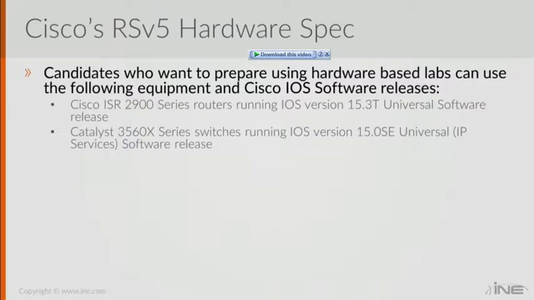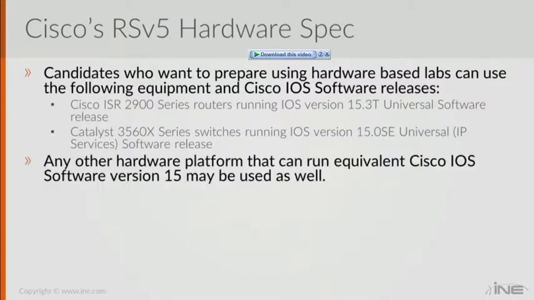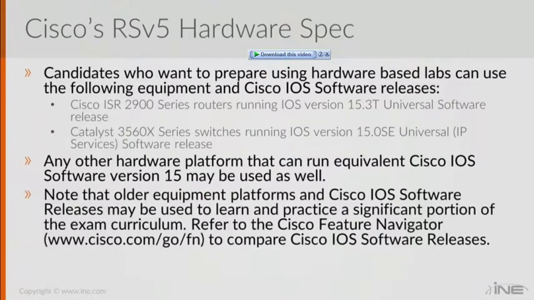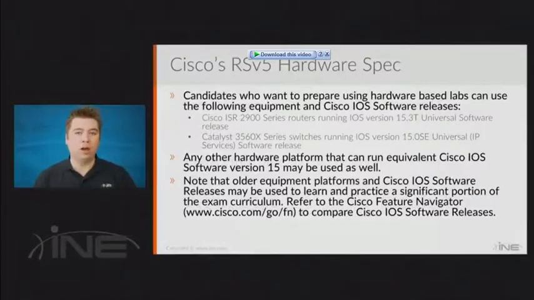But the other key thing that they reiterate here is that it doesn't really matter what hardware platform you use, because the test is not hardware dependent. The test is basically now software dependent. So as long as you have a platform that can support most of the feature sets, then stick with that, and then you can use rentals or other resources in order to get the remaining portions of it.